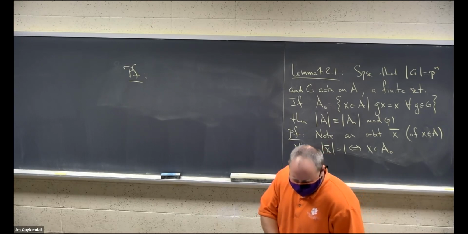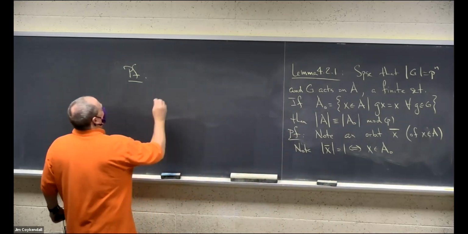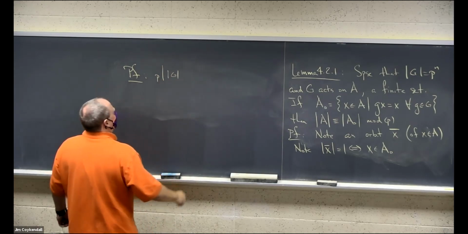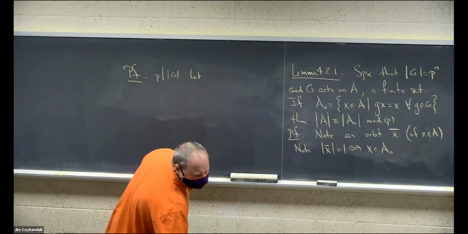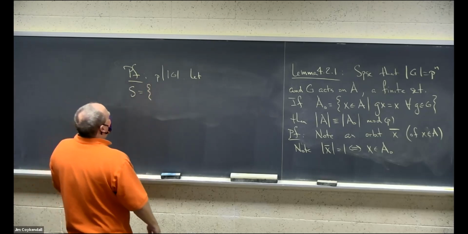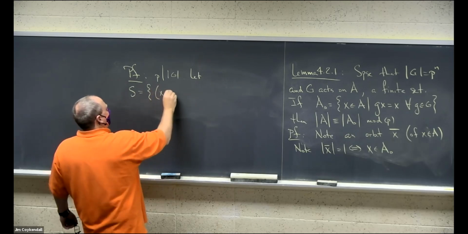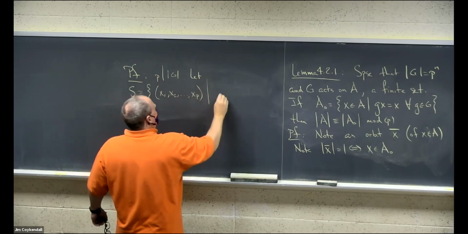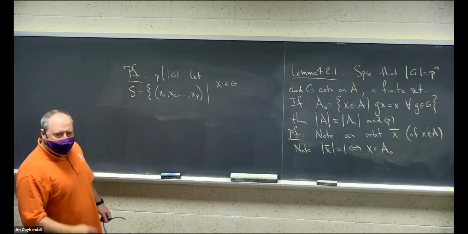So what I'm going to do is let G be a finite group. I don't think I can be more specific here. I'm going to call it S. I'm going to let S be the collection of p-tuples of elements of G, (x1, ..., xp), where xi is in G. I can repeat if necessary, right?